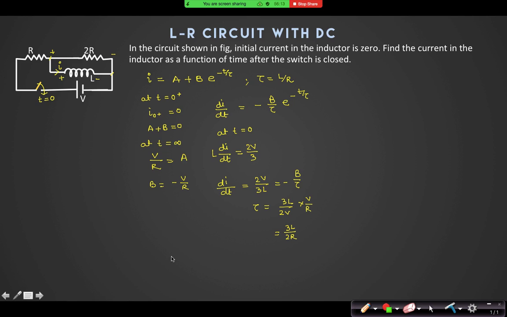So how did you get B? A plus B equal to 0, so B equal to minus A, and A equal to V by R. So B equal to minus V by R. And I can put this equation here. These three equations are sufficient to find the three unknowns. Yes or no?